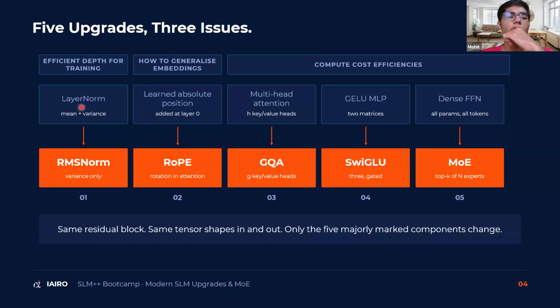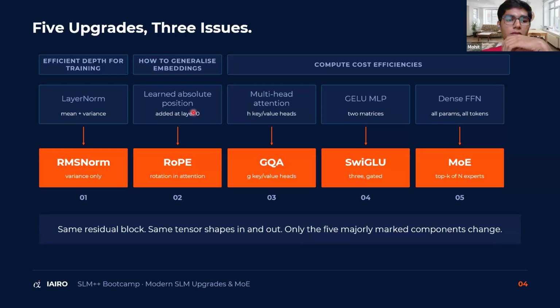Hence, the five components that we usually have seen in the GPT-2 architecture were layer norm, which we discussed in GPT-2, the absolute positioning, the multi-head attention, and then the GLU MLP and dense FFN. This was the vanilla thing.